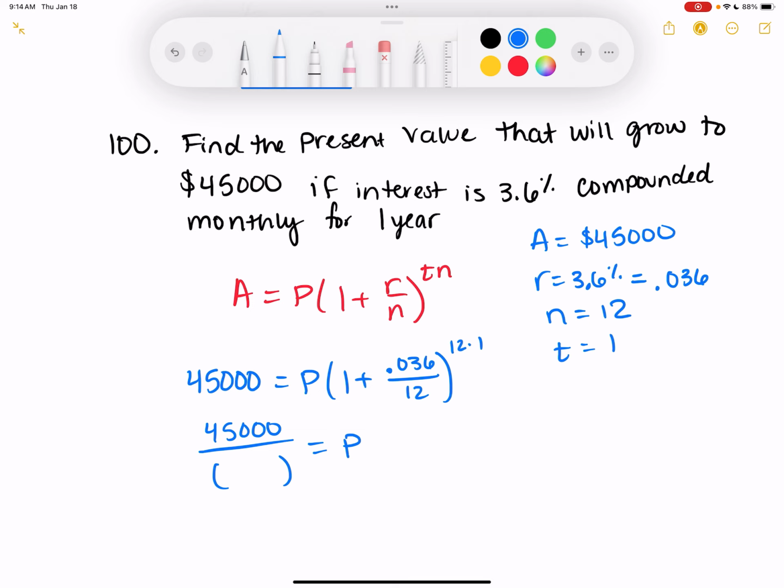So the amount that they need to deposit in order for it to be $45,000 in a year is $43,411, and it is money, so we have 2 decimal places, so 15 cents.